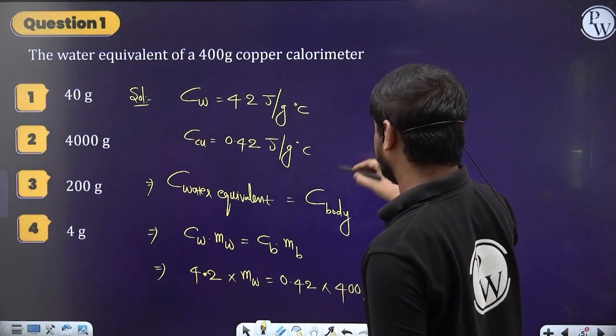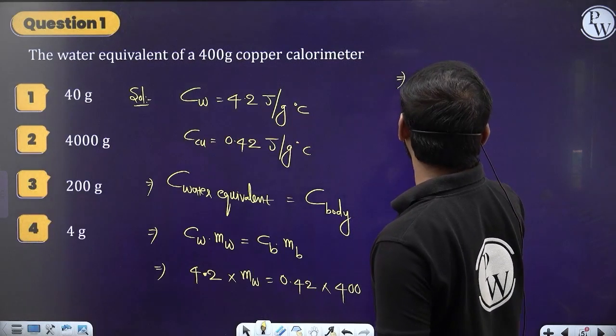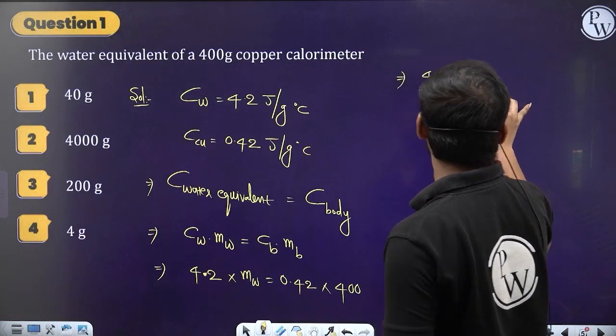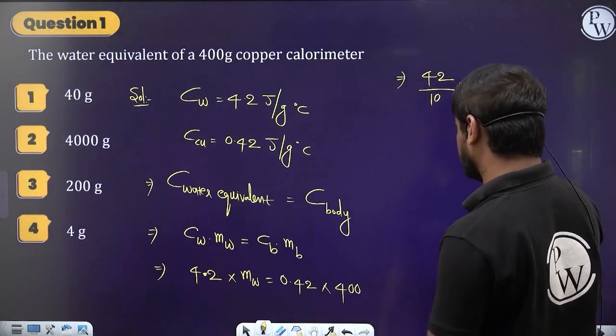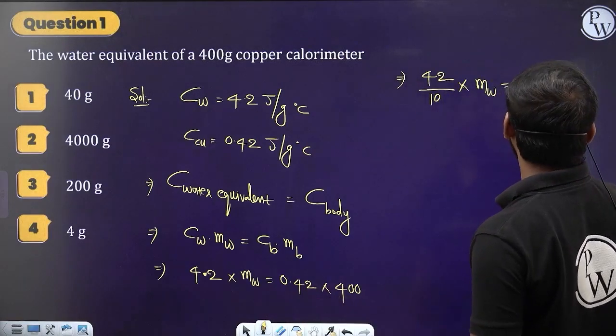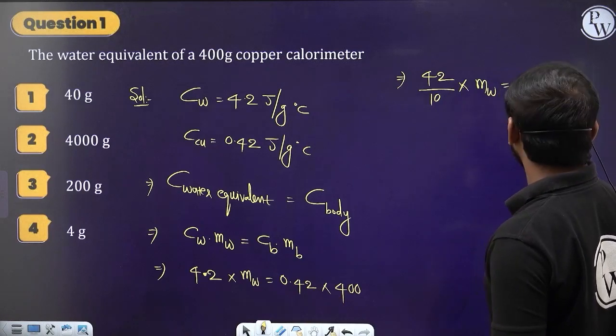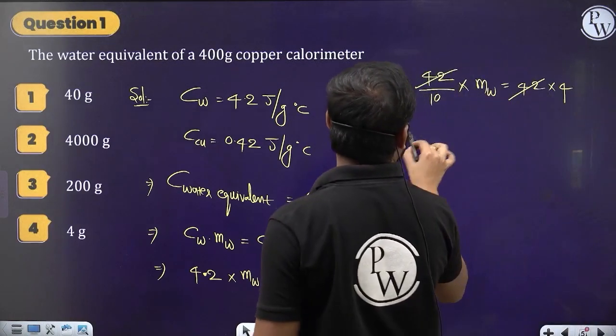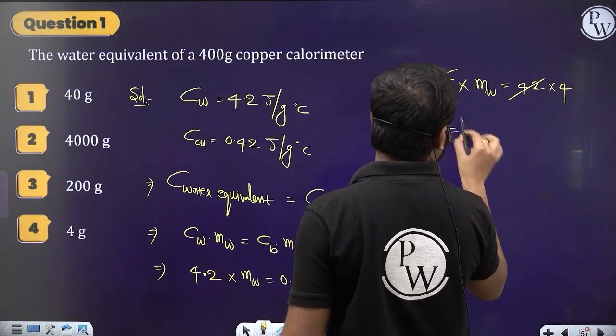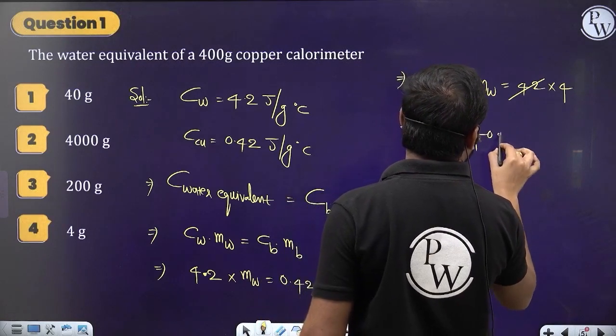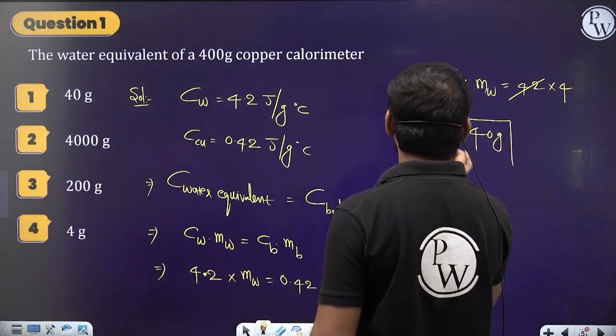So I can write 42 by 10 into mass of the water is equal to 42 into 4, with two zeros multiplied. So 42 gets cancelled. The mass of the water is equal to 4 into 10, which is 40. So this 40 grams is nothing but the water equivalent.